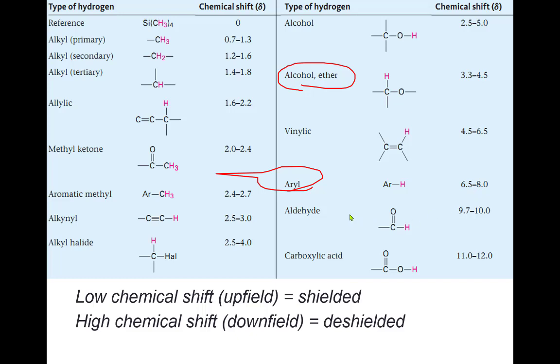And then finally, of particular use are those peaks at very high shift levels. Anything above about 8.5, you're going to be looking at a carbonyl being involved. So an aldehyde hydrogen or a carboxylic acid hydrogen are going to be pretty much the only things that show up at those very, very high shifts. And so keeping that in mind can be helpful sometimes to determine what your molecule looks like.